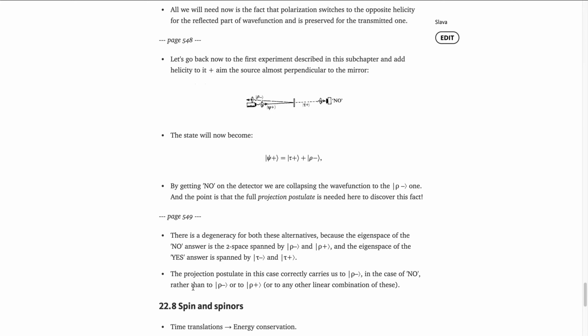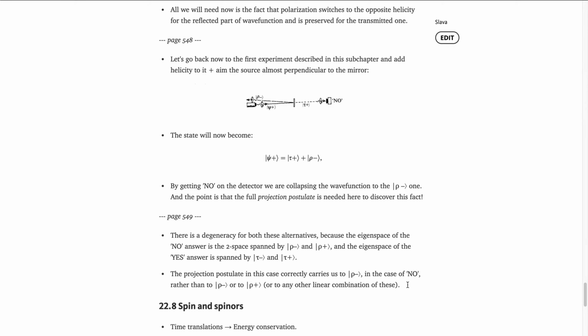And in this case we need the projection postulate because it correctly carries us exactly to rho minus in the case of no measurement here at the detector, rather than to rho minus or rho plus or any other linear combination of these.